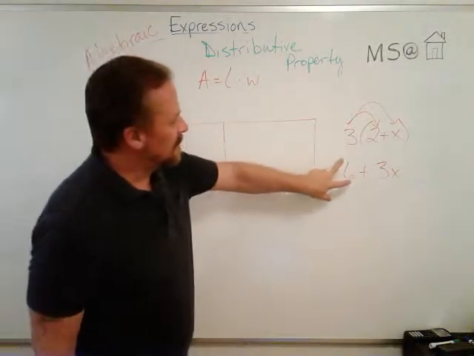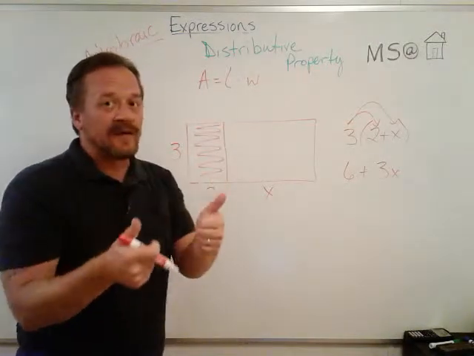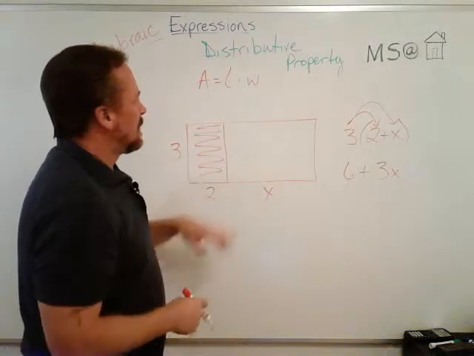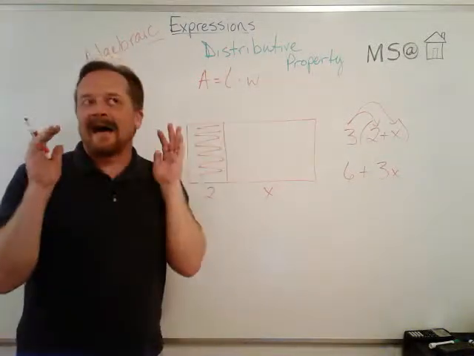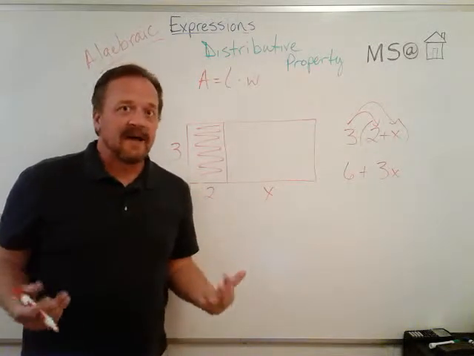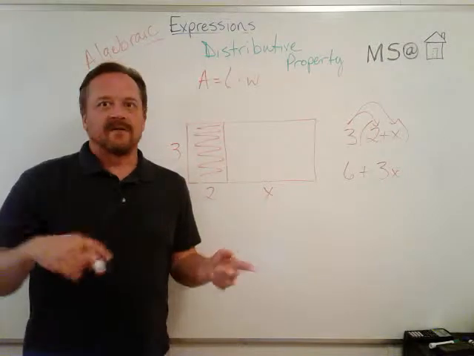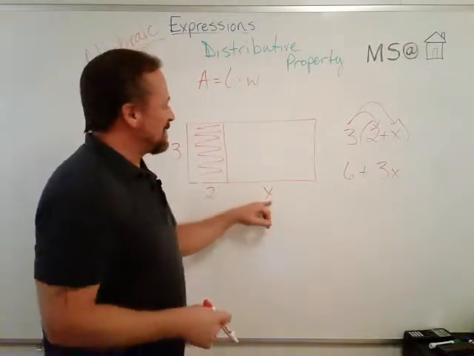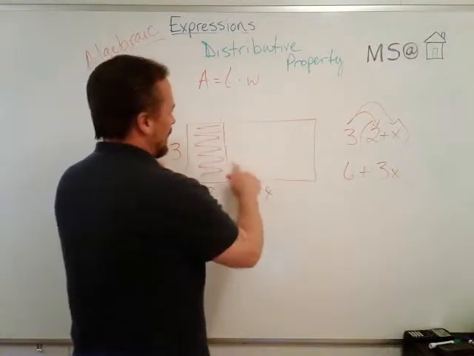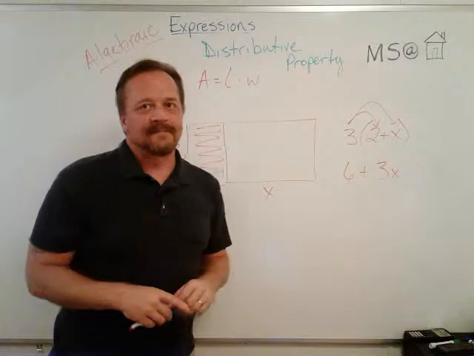This first number represents this area. Found it, 6, okay? 6 feet squared. This one, I can't find yet, not until I stop being lazy and go measure out that last part of the floor, or I get somebody else to do it and tell me what it is. So this is 3 times x. That represents this area. I just don't know what that is yet, okay?